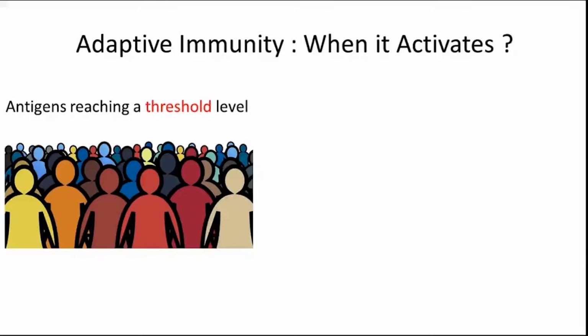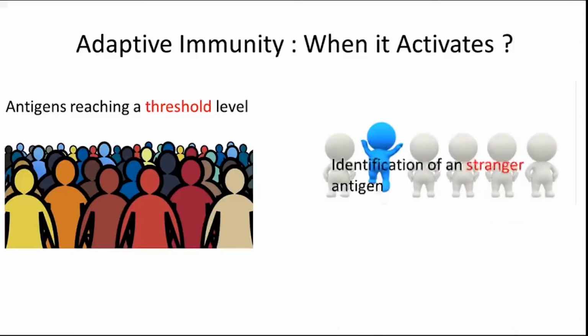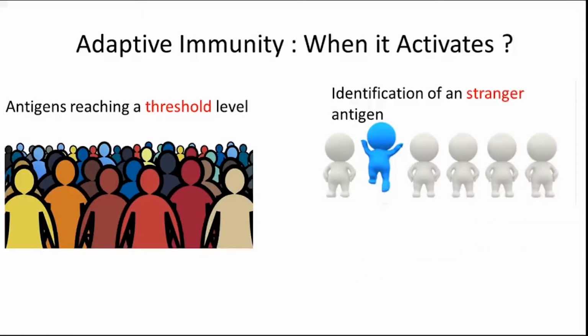When the body perceives that the antigens are reaching a threshold level, there is an enormous amount of the antigen available in the body, and the innate immunity is not able to handle that amount of the antigens. The second could be that the body is identifying some stranger antigen which it is not exposed to deal with.